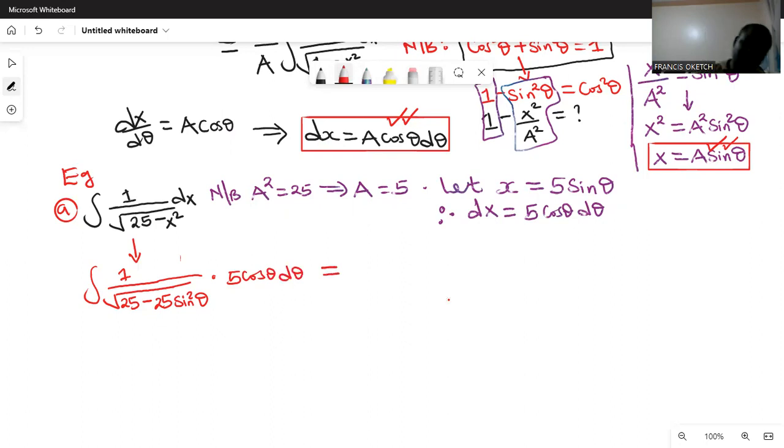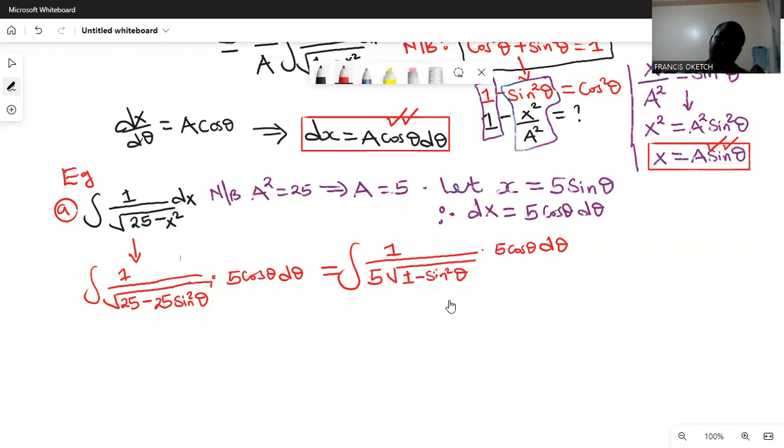We can simplify this. Look at what we have under the square root. 25 is common. You can factor out 25, and when you take it outside the square root, it becomes 5. So we have the integral of 1 over 5 times the square root of 1 minus sine squared theta, and we are multiplying by 5 cos theta d theta.